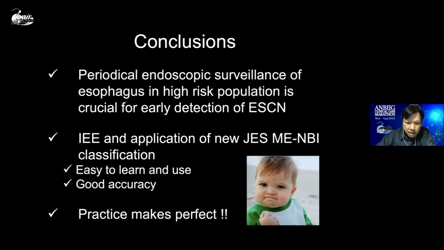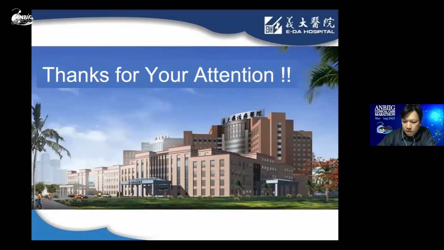And finally, I think practice makes perfect. That's the mission of ANBIIG. We have many series of webinars this year, so I think everyone should have more practice in the future. Thank you for your attention.